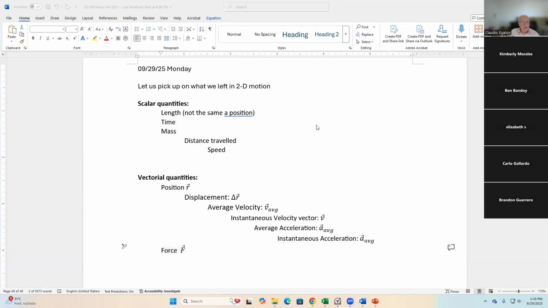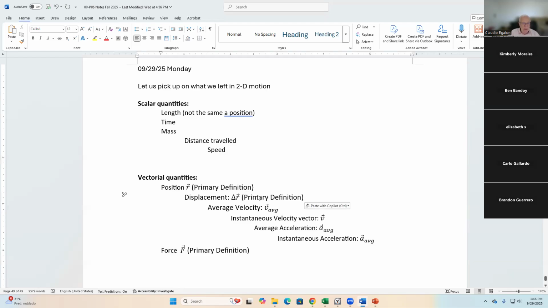And we started with position, which is a primary definition. Force is also a primary definition. We have displacement, which is a secondary definition.